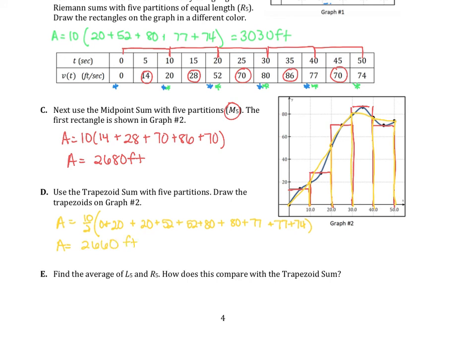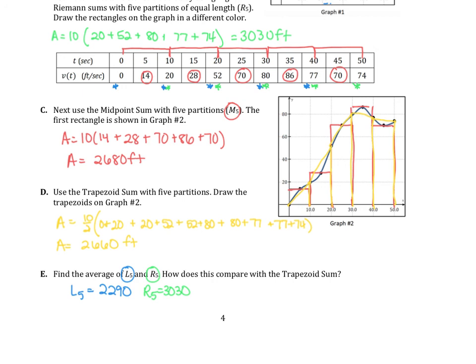How'd you do? Okay. One fun trick that we can use. First, I would like you to take the answer from part A and part B, and I would like you to find the average of them, please. So for L5, we got 2290. And for R5, we got 3030.